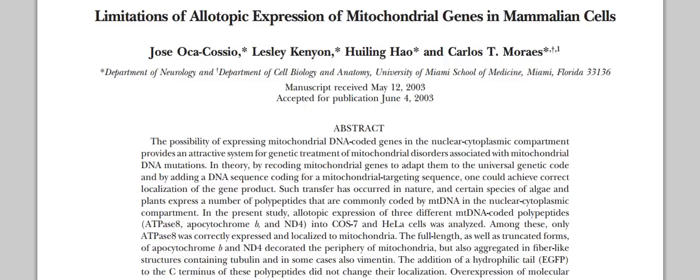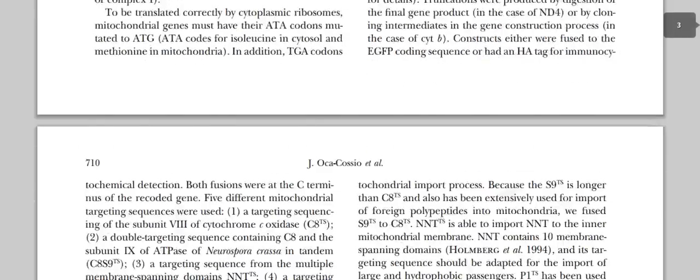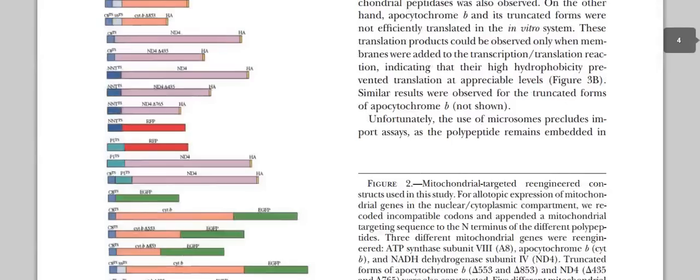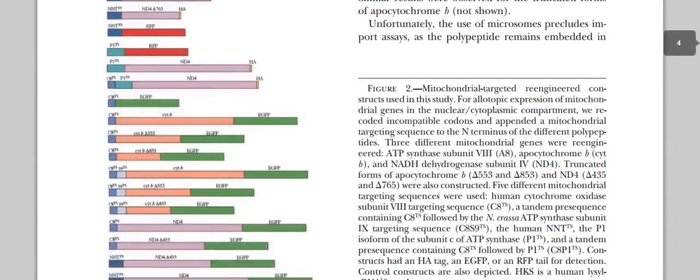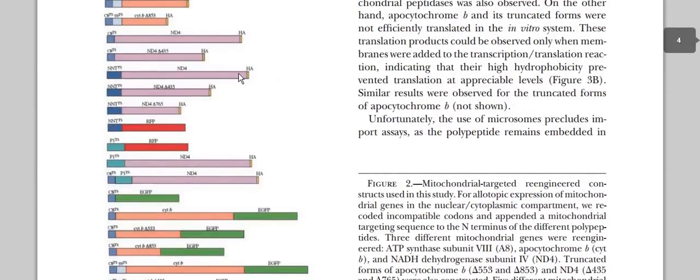And it was the same problem. It just did not get into the Tim-Tom complex very well. But ATPase8 was. So here you can kind of go through. I'll put the links to all these on here. So here there's a whole list of all the different things they tried. They tried just regular, and then for the other 2 that they're having problems with, they tried adding hydrophilic groups onto it.